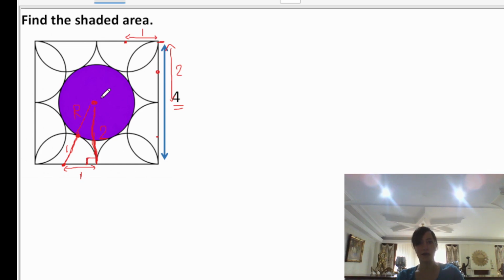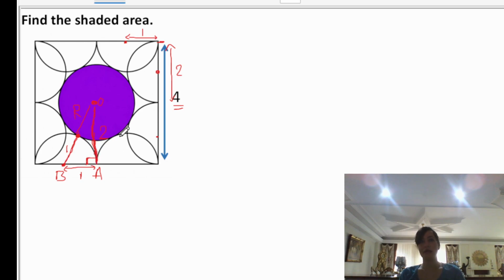If you look here, let me label O, A, B. OAB is a triangle. Exactly, I created a right angle triangle here.